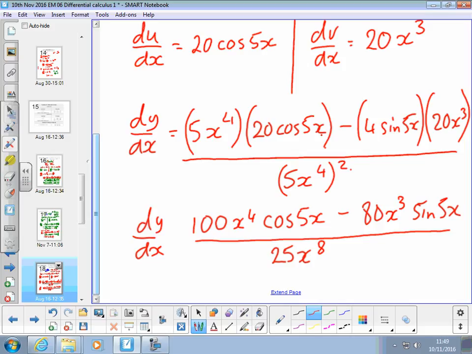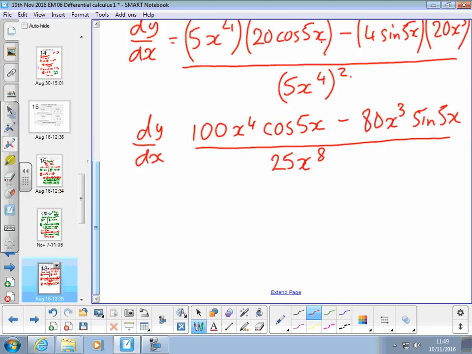Can we further simplify the top line? What's the biggest common factor of 80 and 100? Yep, 20x cubed, on the outside of the brackets.